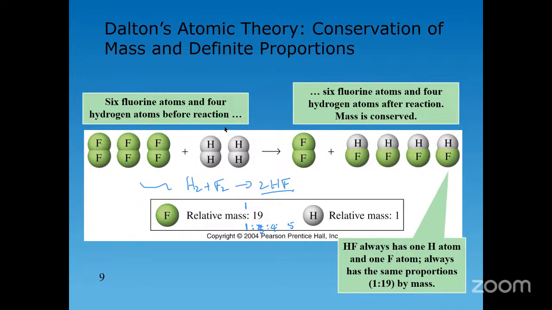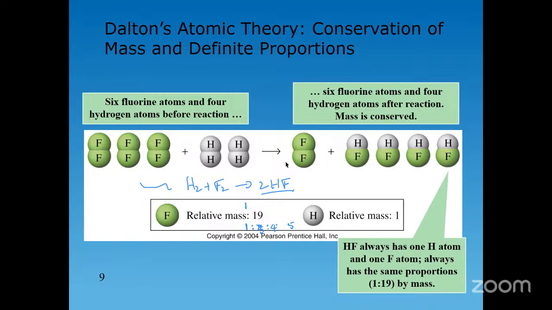Basically, and we're going to talk about the limiting reactant concept later on, because hydrogen is limiting, it will react completely with 2 of these molecules of fluorine to form 4 molecules of hydrogen fluoride, but there will be 1 unreacted fluorine molecule, right? In any case, what you see here is that the total atom count for each element will be the same on both sides.